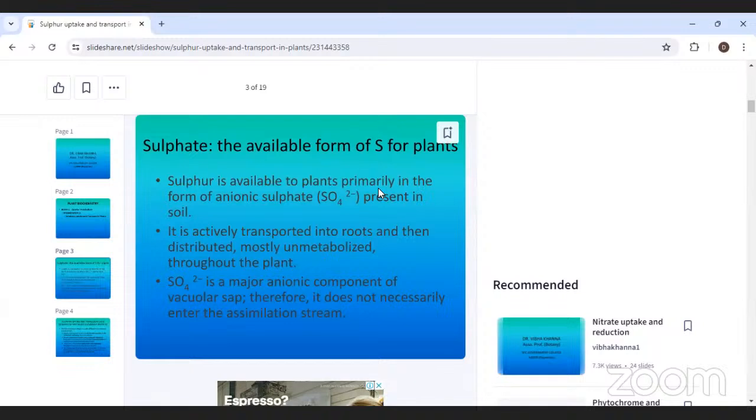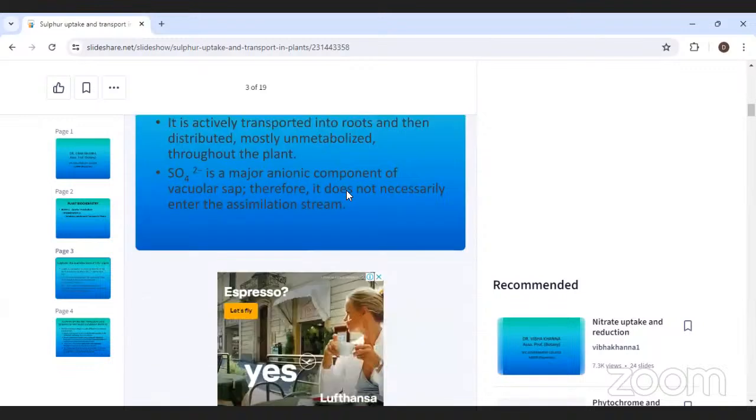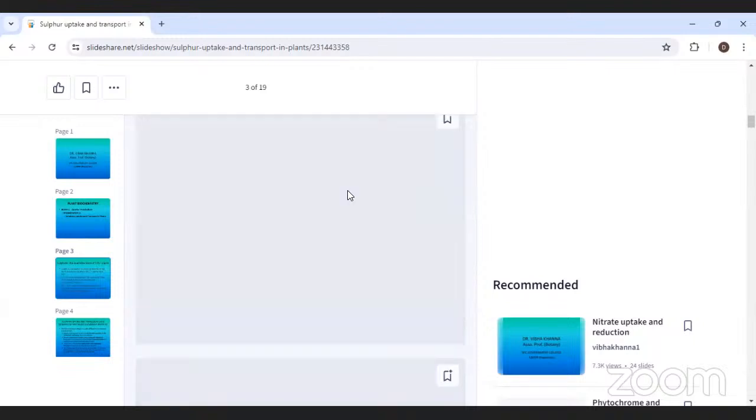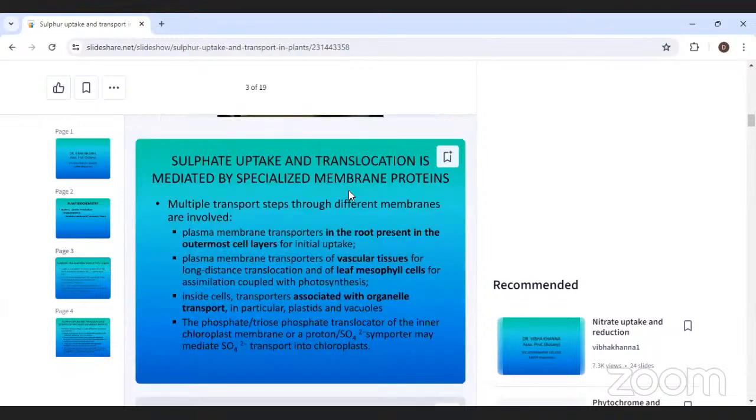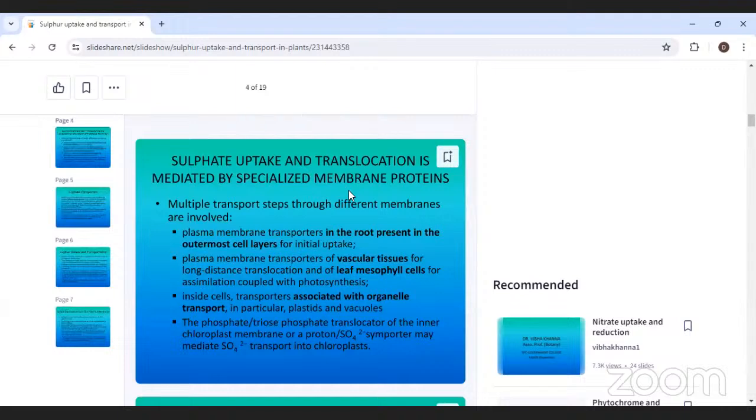The plasma membrane of the internal cells involved in transport, and the chloroplast membrane. Within the chloroplast, it is reduced to sulfide. It is also transported across the tonoplast into the vacuole.